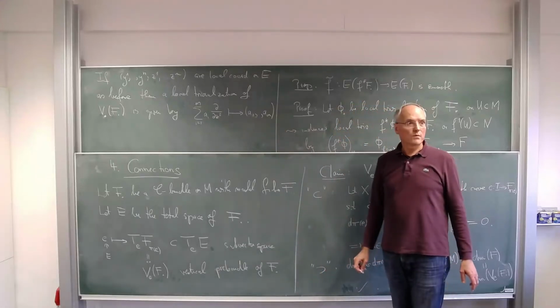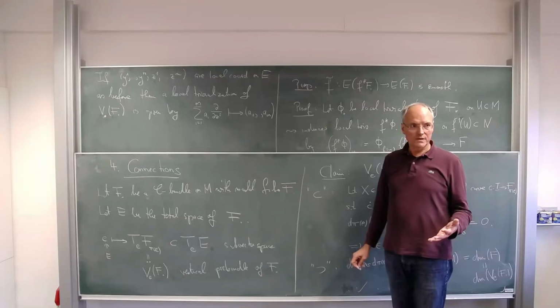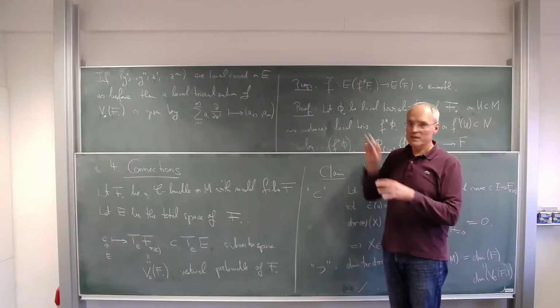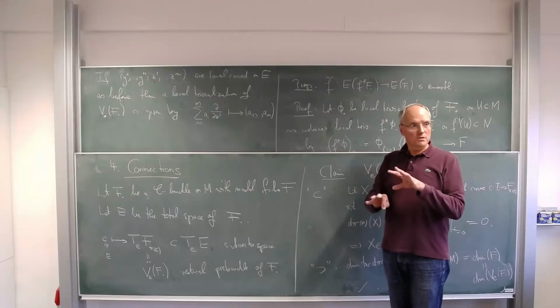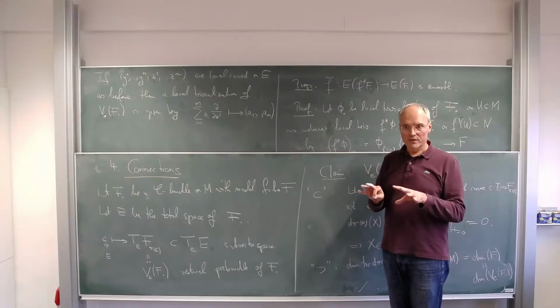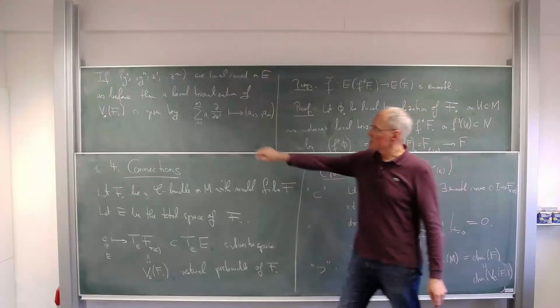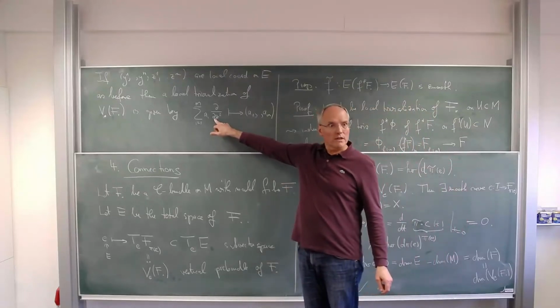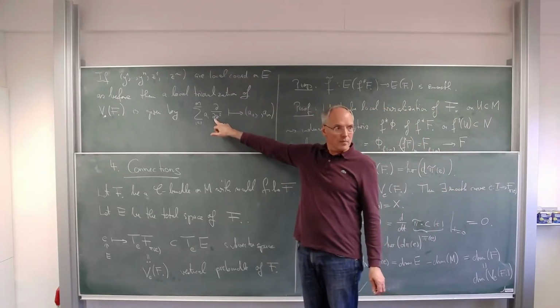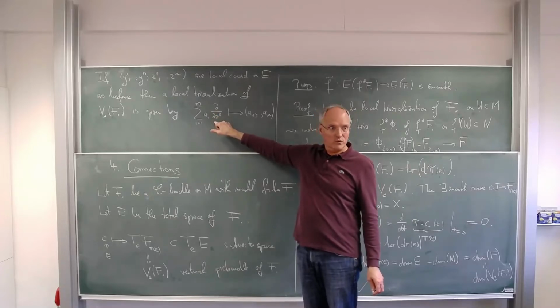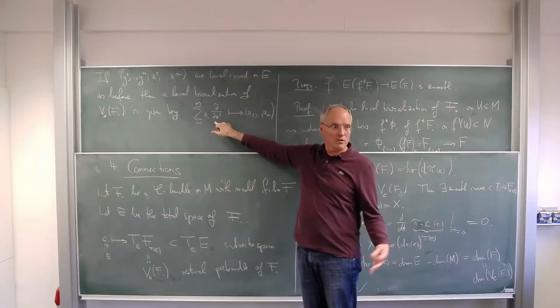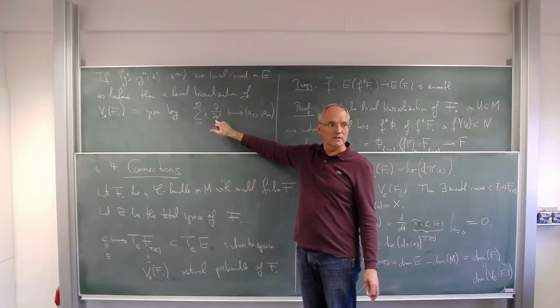And the thing that one now has to do is to check that if I take two such local trivializations coming from different charts, then the transition between the two is smooth. But this comes from the fact that if you change coordinates on your fiber, then the transition of these coordinate fields is given by smooth functions, namely by the partial derivatives of the coordinates for one system with respect to the other system.